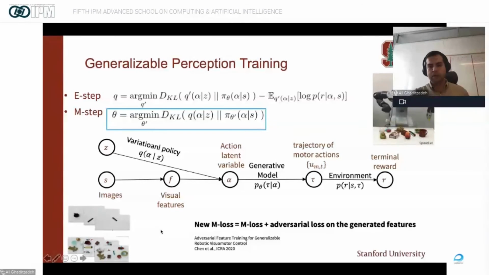We do that by adversarial training, with a discriminator that tries to tell them apart: whether the features come from the realistic images, let's call them offline data, or from the robot data. Remember that we are sharing the parameters of this network to process both of these kinds of images. This is how we train the feature extractor such that features are indistinguishable whether they come from the robot data or from the offline data.